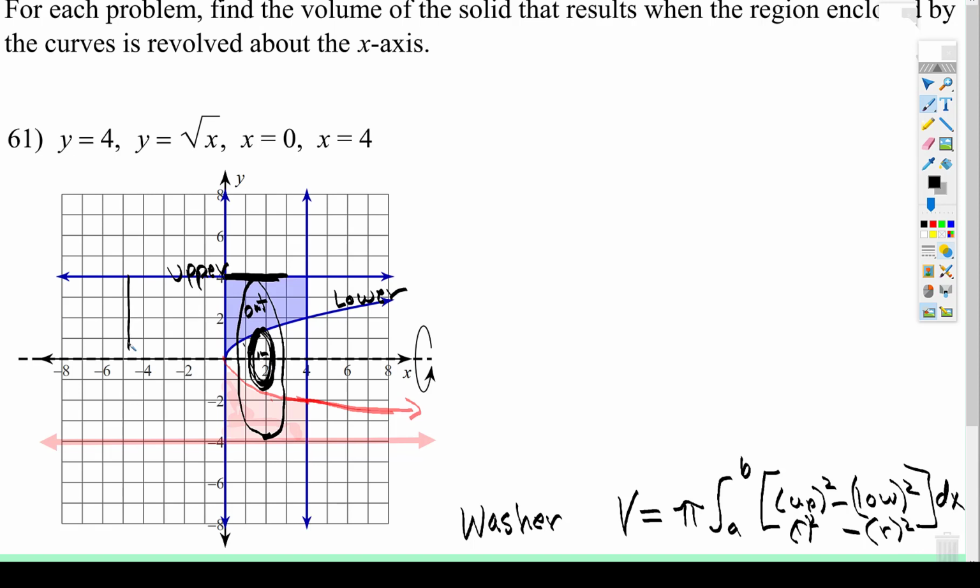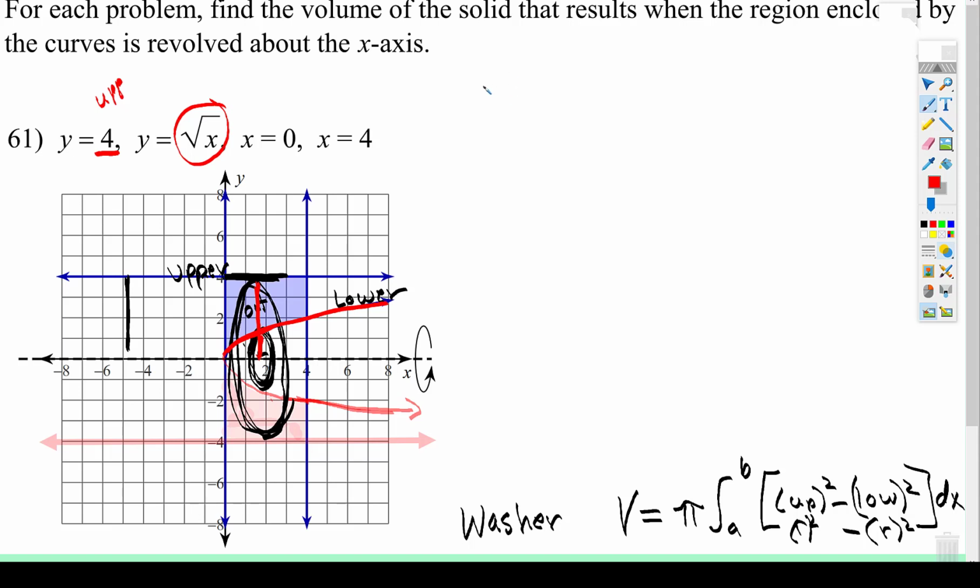Well, the outer radius of this disk is this height. That's a height of 4. So this is the outer or the upper radius. And the next one is the radius that's formed from the x-axis to this function right here.